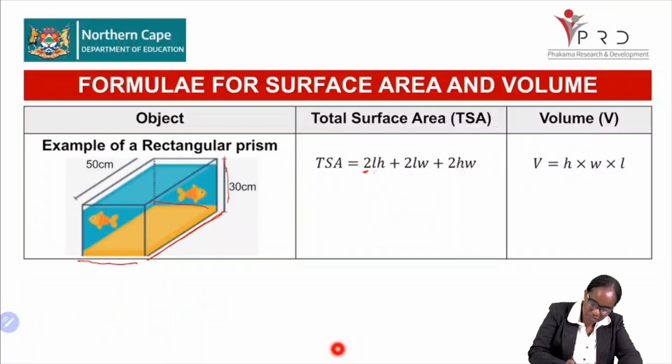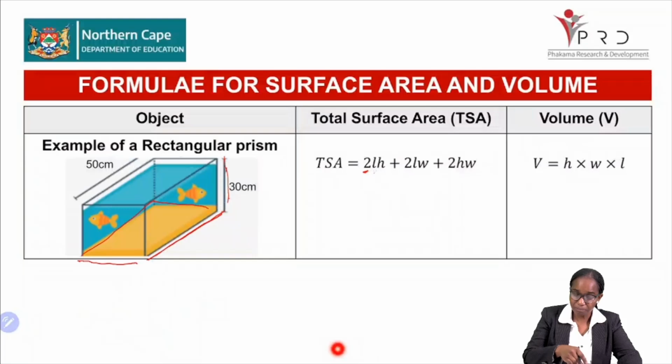This one shows us the bottom or the base of the rectangular prism. And this face also has an opposite face similar to it, which also is length times width. This one is at the top. So there are two of them that are length times width.